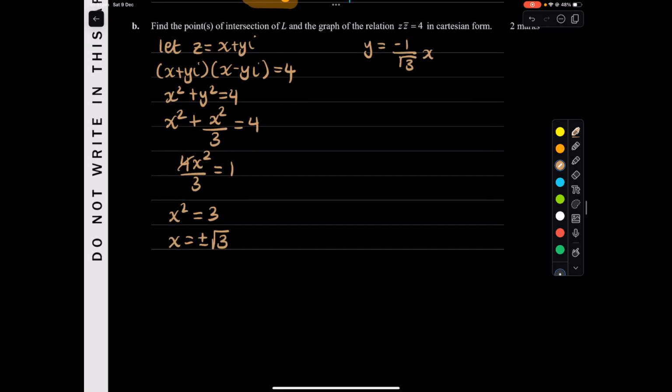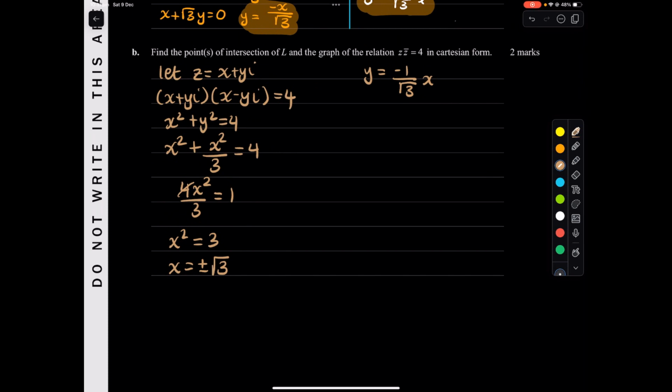Great, we have 2. And then, okay, take the case that we have root 3. Let's find the coordinates. Going back to this equation, to find the y coordinate, let's take the positive x value, so negative root 3 over root 3. It will be negative 1 when x is positive root 3. Hence, one of your coordinates would be root 3, negative 1.